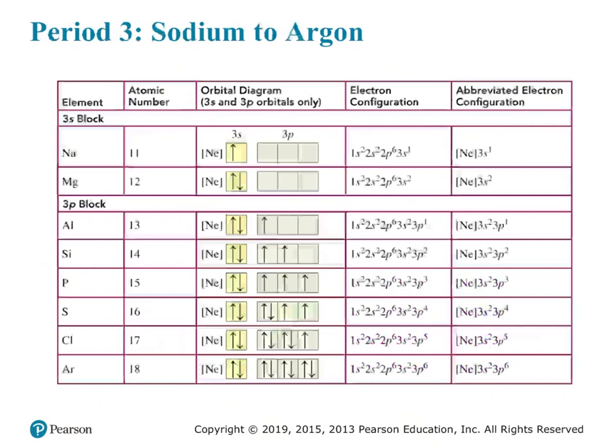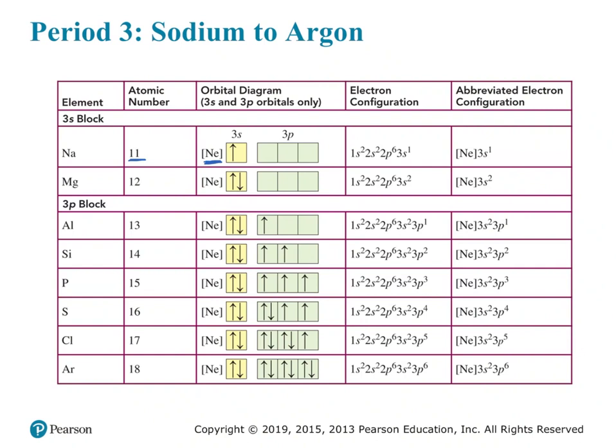All right. So now let's move on to row 3 of the periodic table. Sodium has 11 electrons. Its atomic number is 11. Now notice that in this chart, they just put neon in brackets before sodium's extra electron.